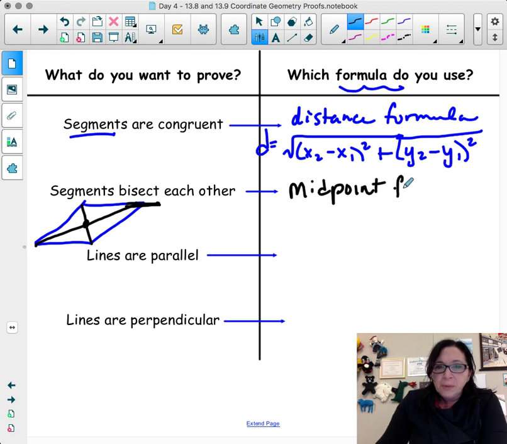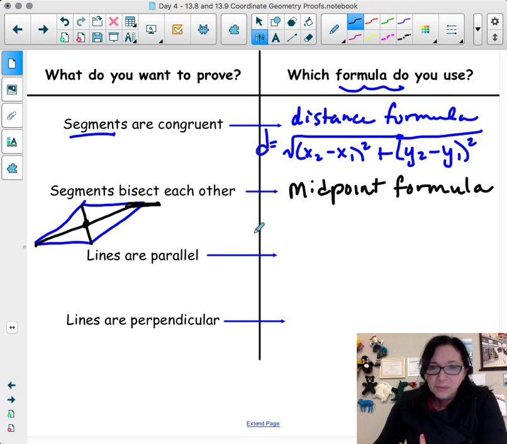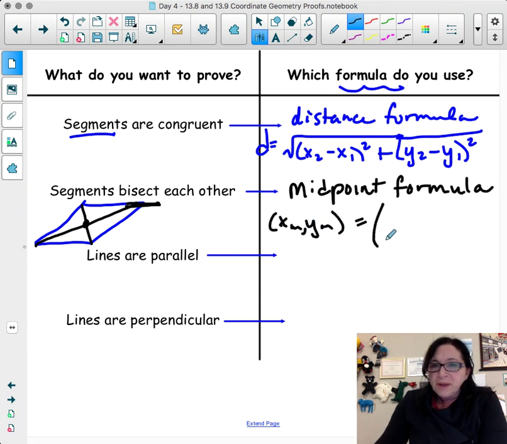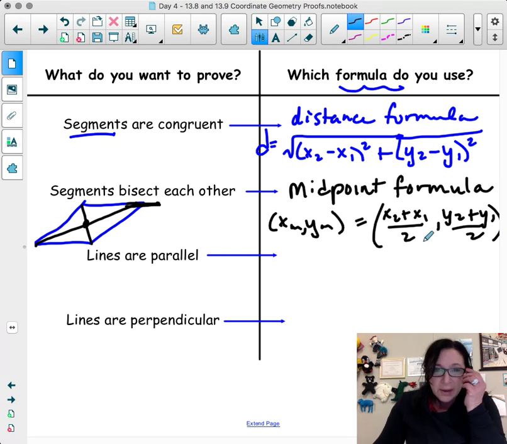And I'm not talking about the midpoint theorem, it's the midpoint formula. And that just says that to find the midpoint, x midpoint, y midpoint, you're going to find the average of your x's and y's. So you're going to go x sub 2 plus x sub 1 and divide that by 2. That's an average. And you're going to go y sub 2 plus y sub 1 and divide by 2. So that's you finding your average.